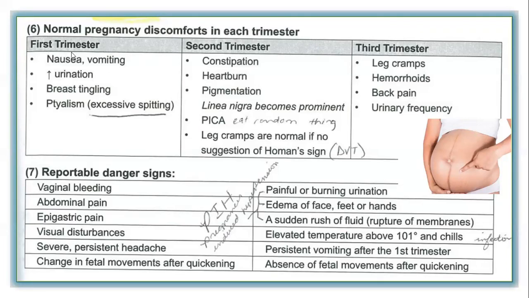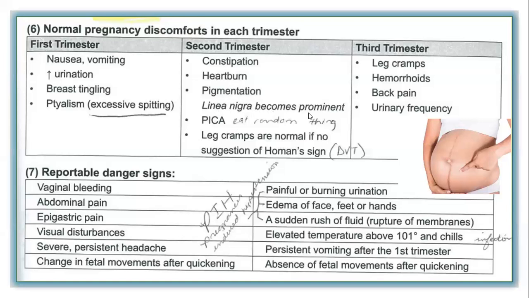In the first trimester: nausea, vomiting, increased frequency of urine, breast tingling sensation, right? Also excessive spitting. In the second trimester, the patient develops constipation, educate them to intake fiber and water, heartburn, pigmentations.